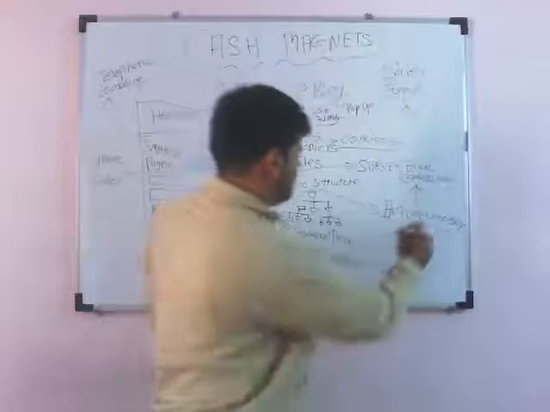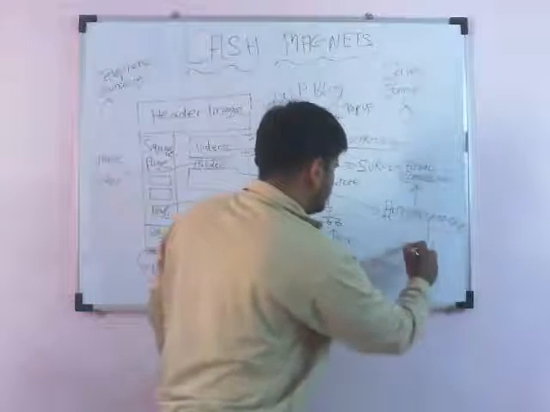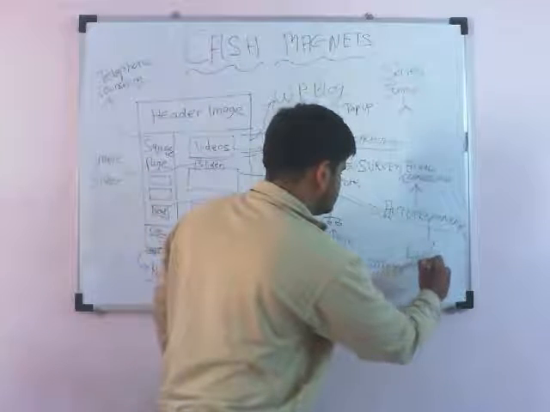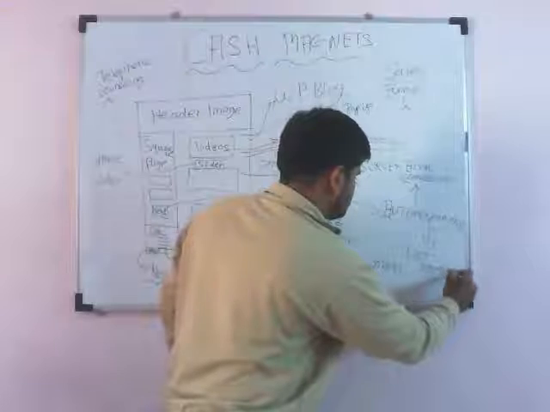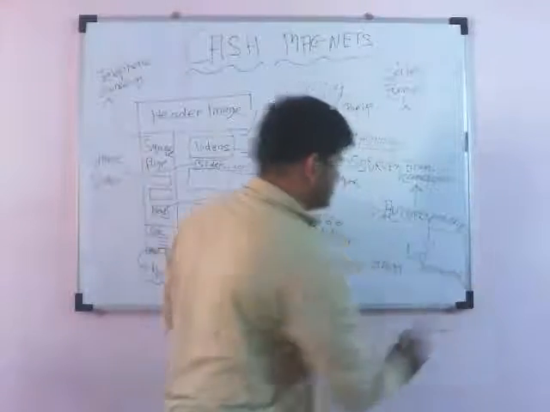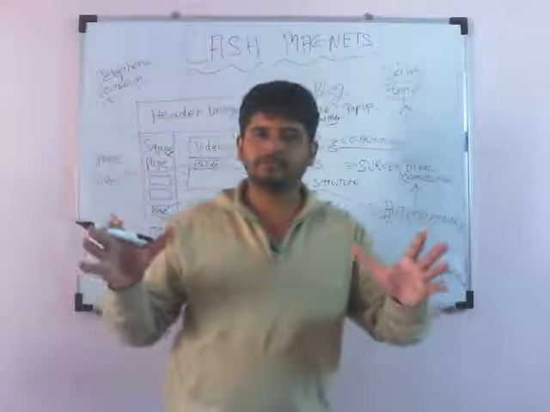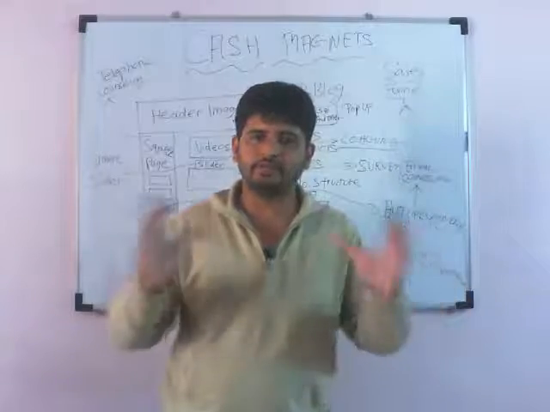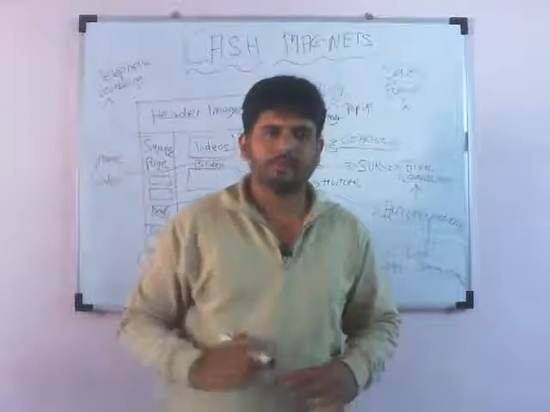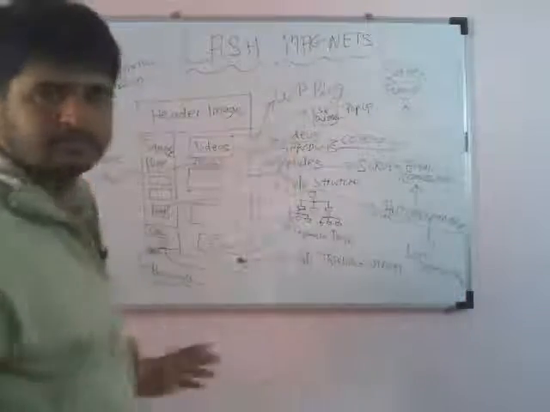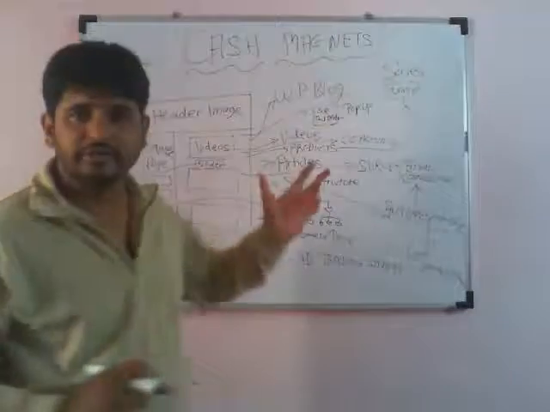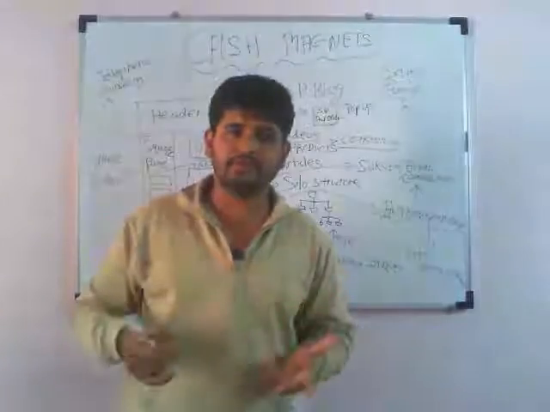An autoresponder will have its own system required called list segmentation, where you segment your subscribers into different lists based on their problems. So this is a very complicated system that I have given you, and this is the exact system which I set up on my website and my clients' websites.